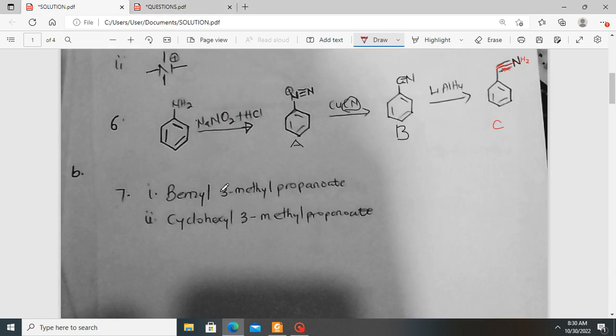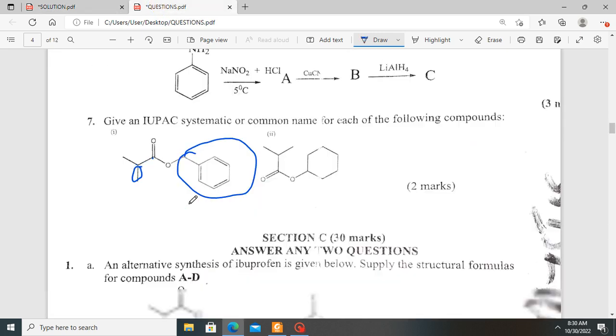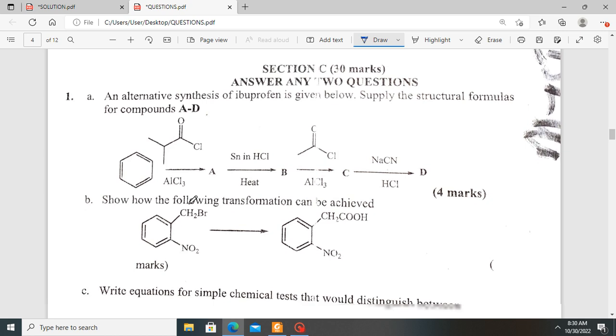It is benzyl 2-methyl propanoate and cyclohexyl 2-methyl propanoate, or benzyl isobutanoate and cyclohexyl isobutanoate. Here it is 2 and not 3. Take note of that. Now let's go to section C.